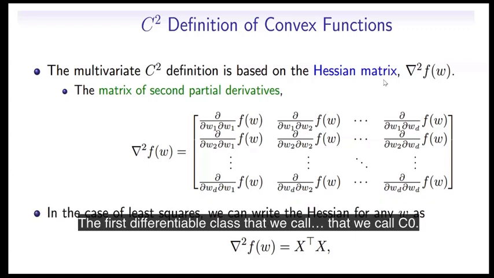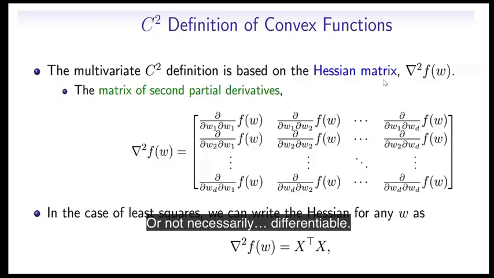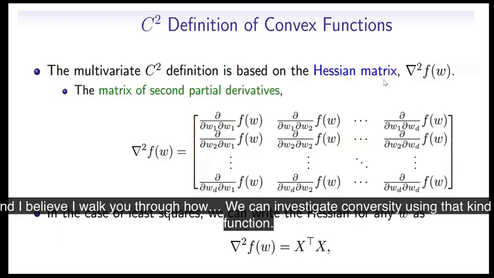The first differentiable class that we call C0 is where you are trying to minimize a function that is continuous, but not necessarily differentiable.